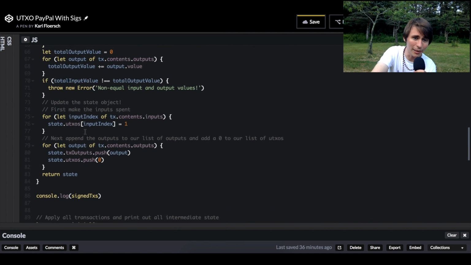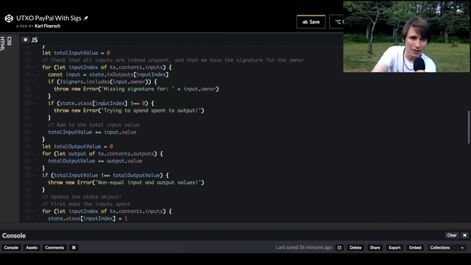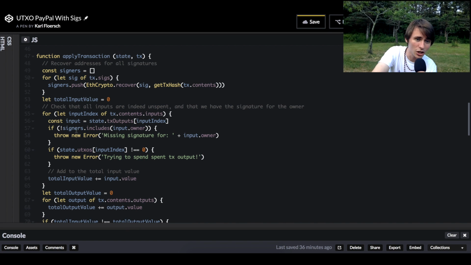And so we're going to grab them from our state object, and we're going to then check that the signer is included in our list of signatures. So remember, each one of these inputs has an owner, and we want to make sure that it is included in our list of signers. And that basically says, okay, if your transaction references 2 addresses, make sure that both of those addresses are signing that transaction. Otherwise, it's not going to go through, right? We're missing a signature for some particular input.